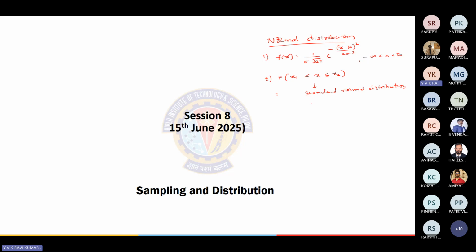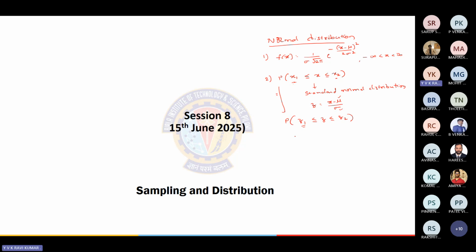That is the simple reason for it. So standard normal distribution means we convert into z scores, z equals x minus mu by sigma. Then this becomes P of z1 less than or equal to z less than or equal to z2. Here mu we know and sigma we know, so we convert each x1 into the corresponding z.